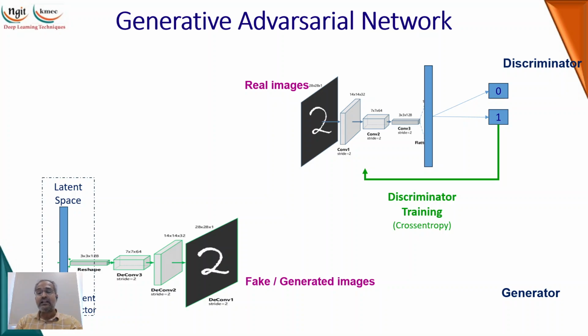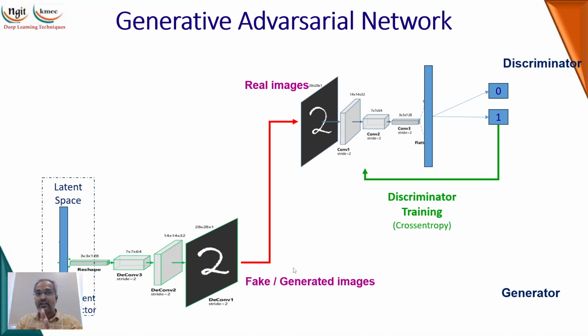Now the generator has to be checked again. Here latent space means we take random values, that is, pure noise, and we generate an image randomly. Obviously it will be identified as fake.